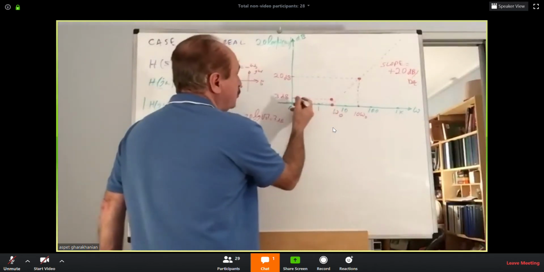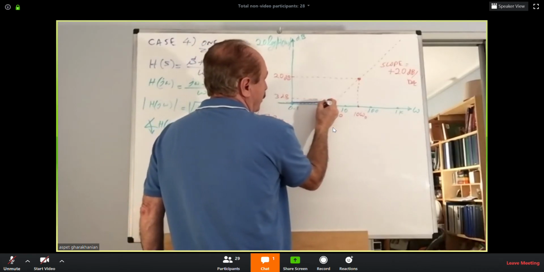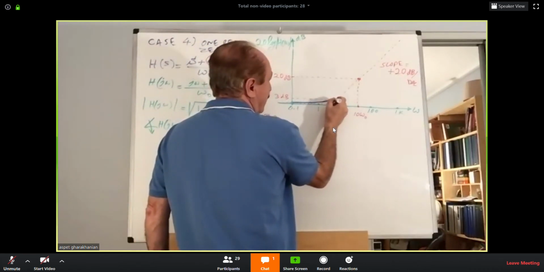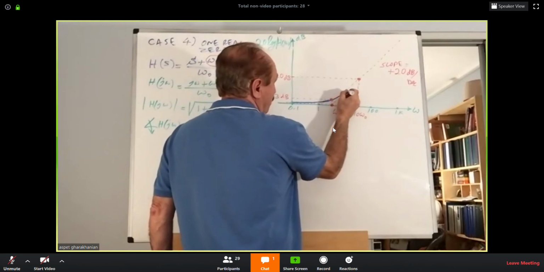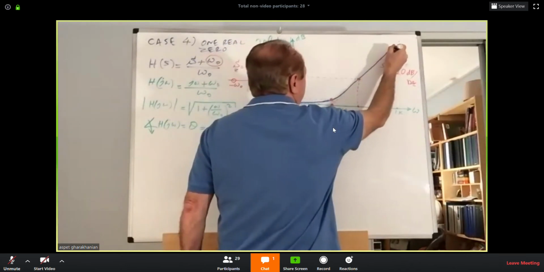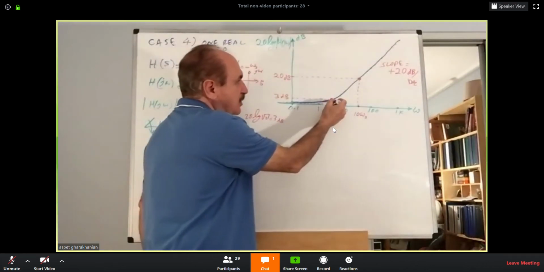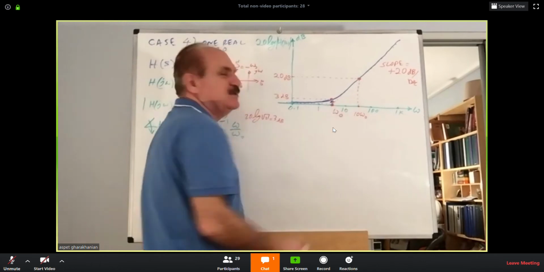So your smooth curve is going to be tangential here. It will pass through that point, and tangentially, it will go up. There it is. So that is the correction. This is the corrective point.